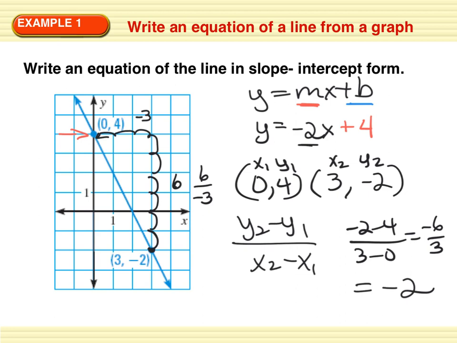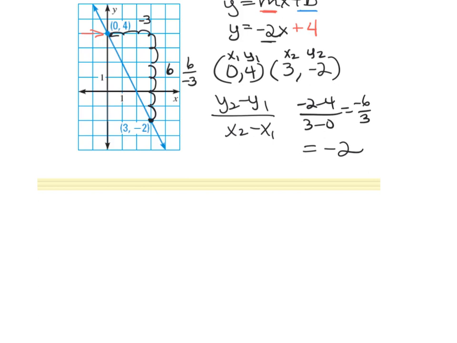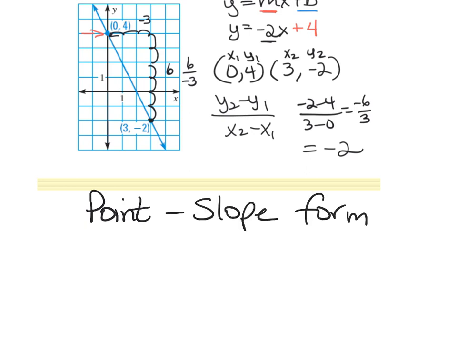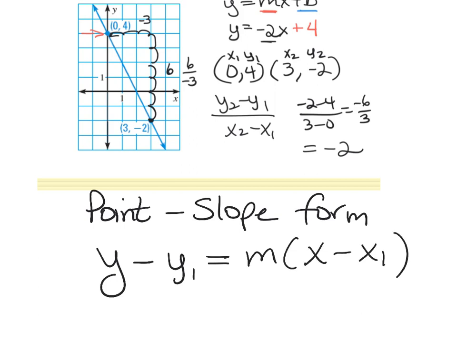Now for the next two slides, I'm going to introduce another formula, and it's called point slope. I'm also going to show you how to come up with an equation of the line just using slope-intercept. So here is the form. This is another form called point slope, and the formula is y minus y1 equals m, which is the slope, times x minus x1.